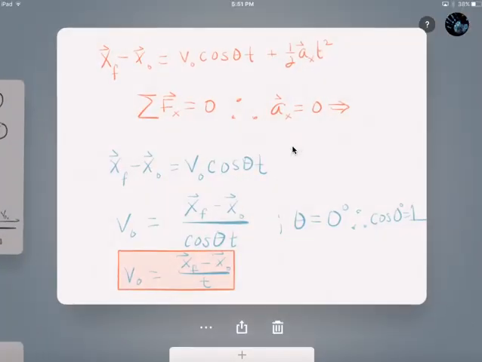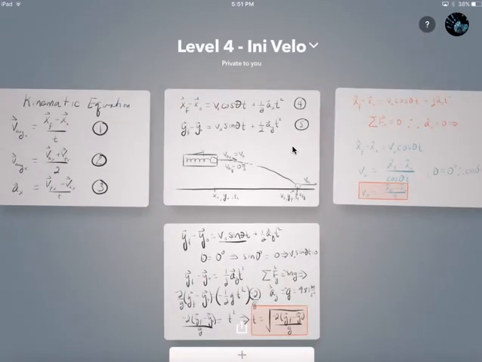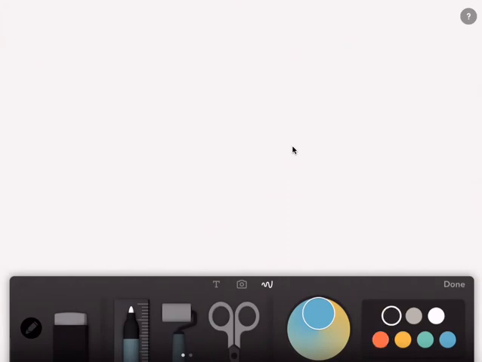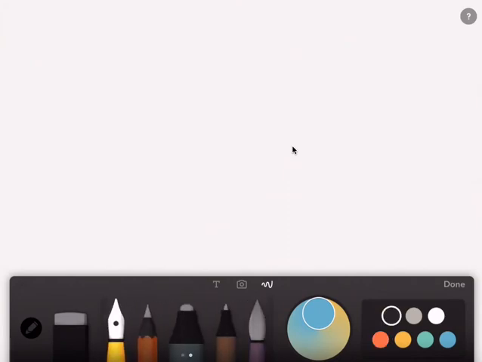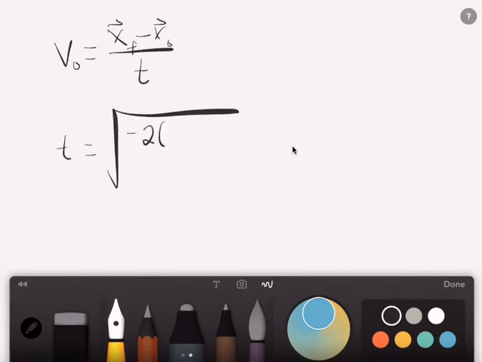So we're going to use this particular equation, and we'll use our time of flight to calculate the initial velocity, where t is equal to the square root of negative 2 times yf minus y initial over g. And that's going to be pretty much the end of calculating the initial velocity.